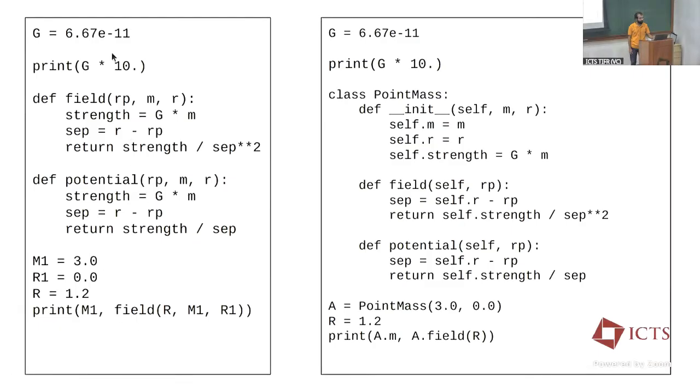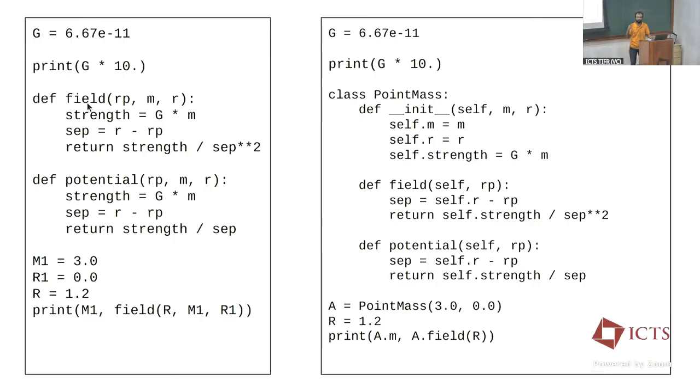So while this is fine, this often becomes a huge problem later on as you have bigger and bigger codes, if you just keep listing all these functions which have different inputs and stuff. So something which people do is related functions are grouped together into something called a class. In this case, the example I'm giving is just gravity, Newtonian gravity.